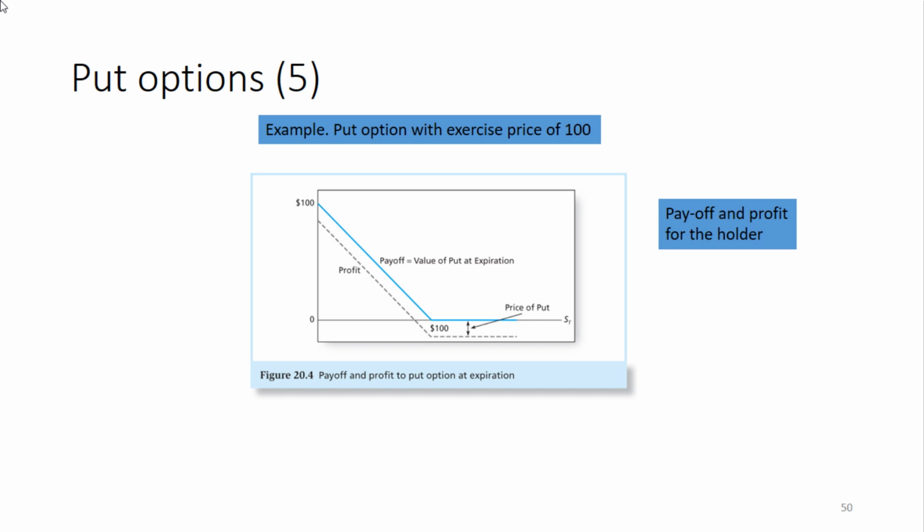So the stock price needs to drop significantly below the exercise price before the option gets a positive value, gets a profit. So it's an important distinction between cash flows and profits if you look at put options, same as with call options.